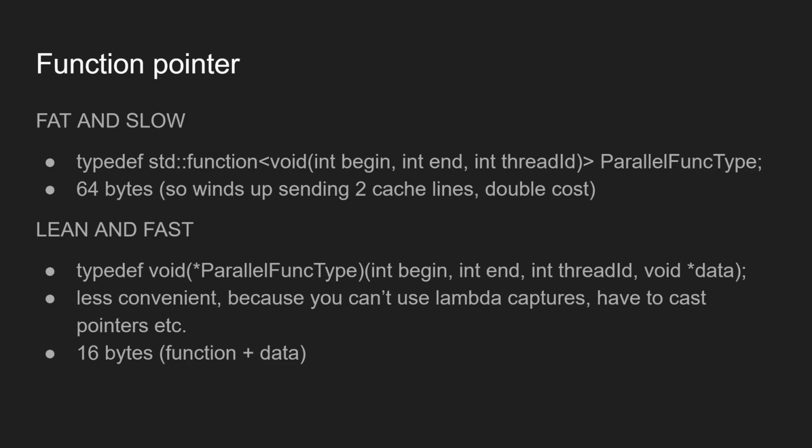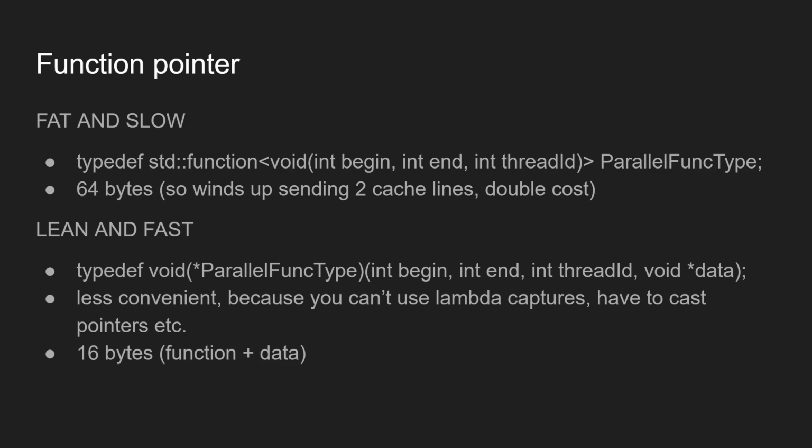You have to cast pointers of void data that's being passed in, but it winds up taking only a pointer width for the function and a pointer width for the void data that you want to pass in, which is a total of 16 bytes.